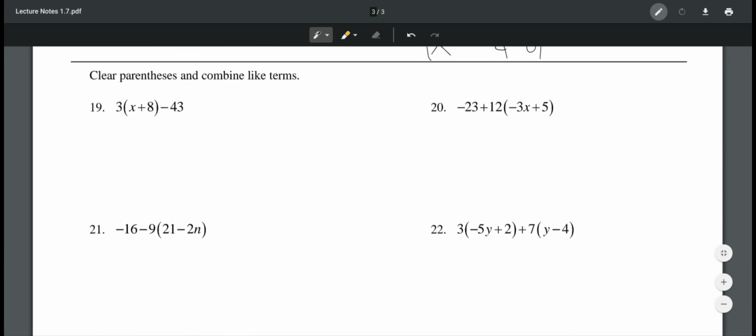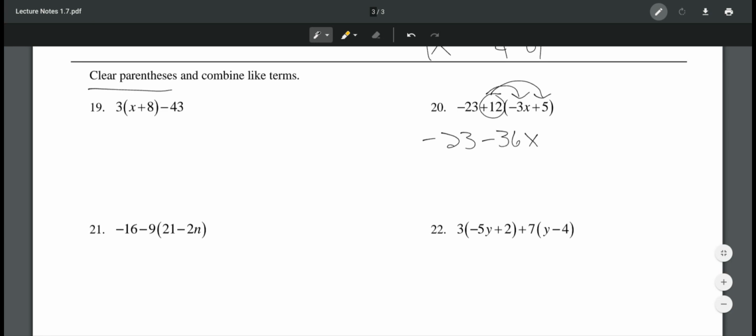So the first thing I need to do is clear the parentheses by distributing. So when I clear the parentheses, I'm going to take positive 12 and I'm going to multiply throughout that parenthesis. So negative 23 does not change. Positive 12 times negative 3 is negative 36x.